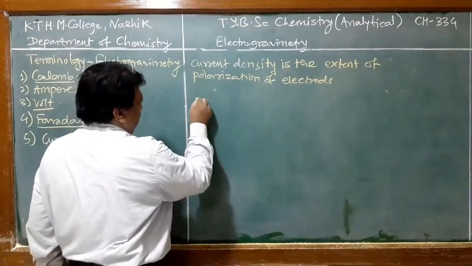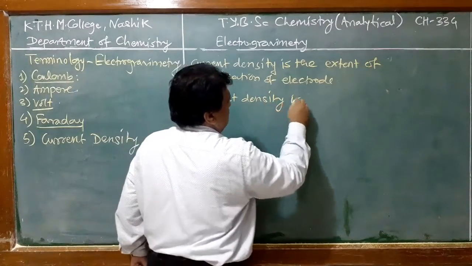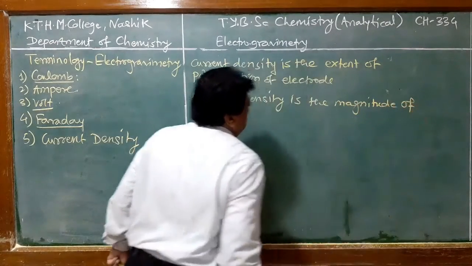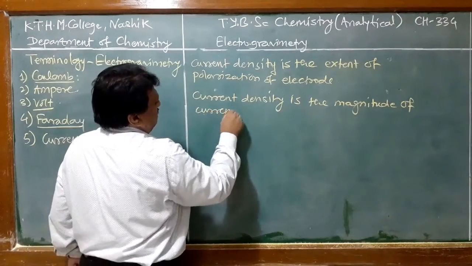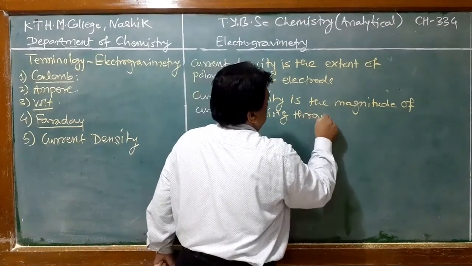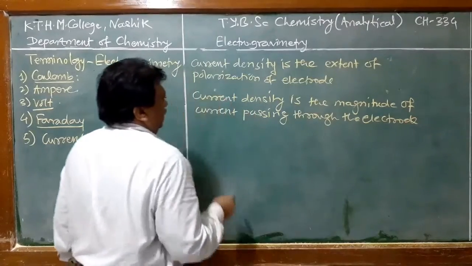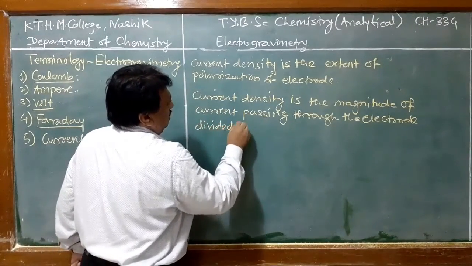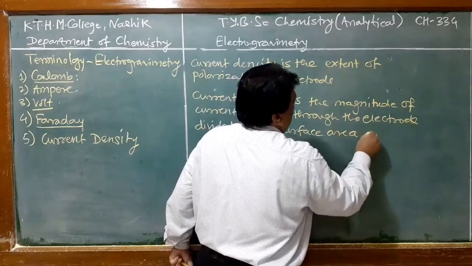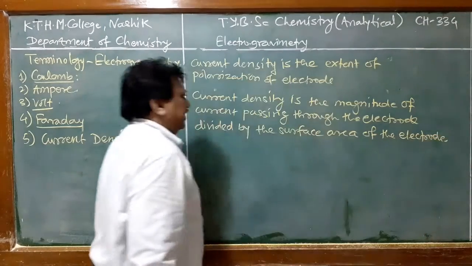Current density is defined as the magnitude of current passing through the electrode divided by the surface area of the electrode. This ratio is called current density.